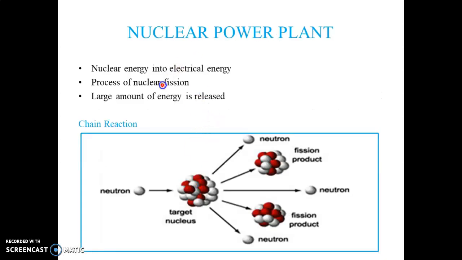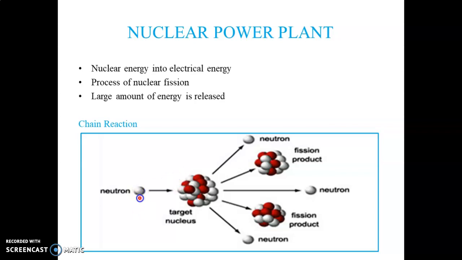In the nuclear reactor, nuclear energy is converted into electrical energy, and here nuclear fission takes place, and a large amount of energy is released from the nuclear power plant. This diagram shows the chain reaction that takes place in a nuclear reactor.